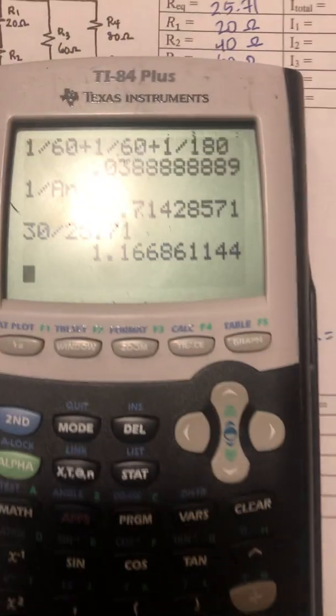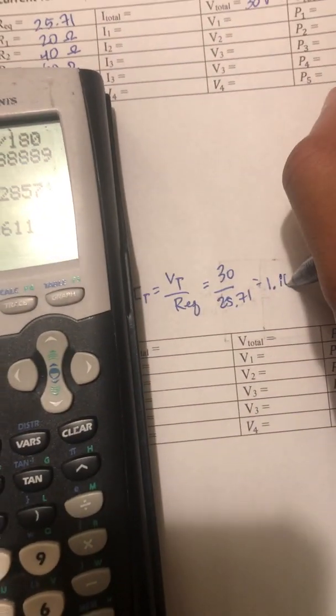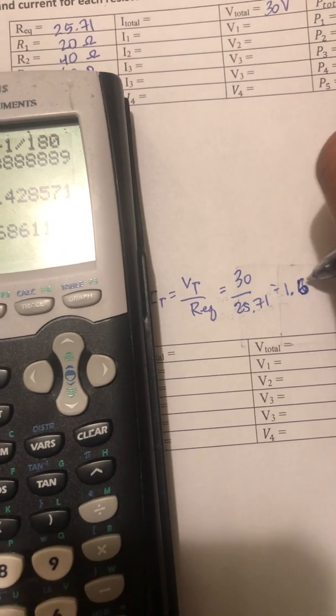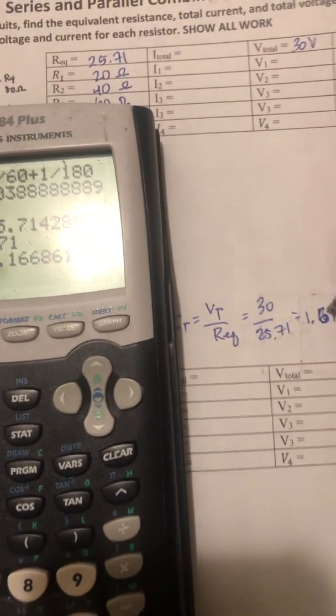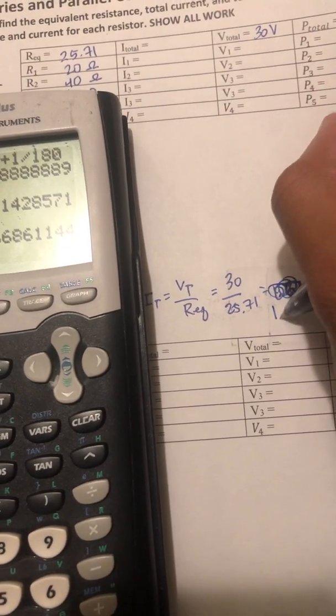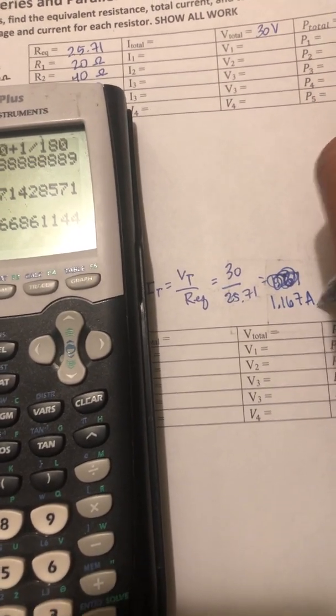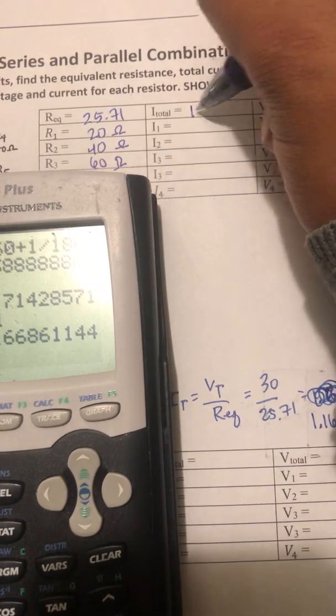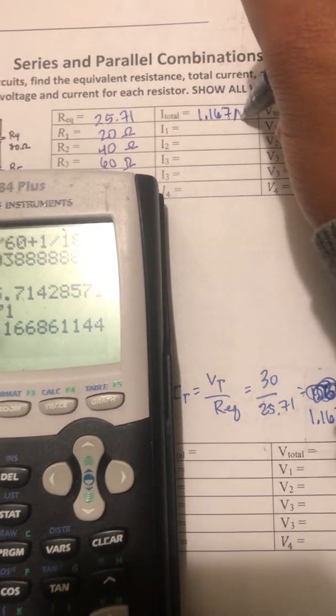Well, let's say 1.167 amps. So add that in, 1.167 amps.